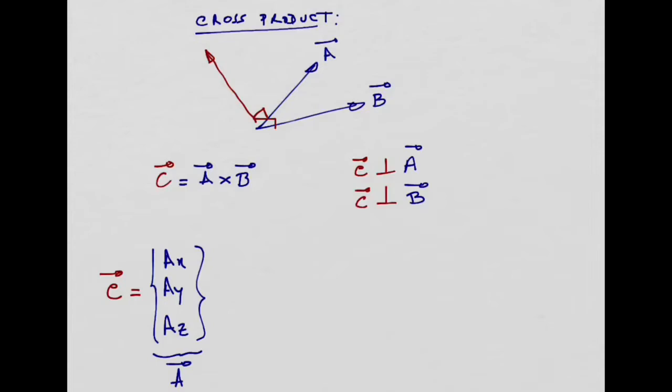And I'm going to do the cross product of my vector A with my vector B, with components BX, BY, BZ. So this is going to be my vector B.